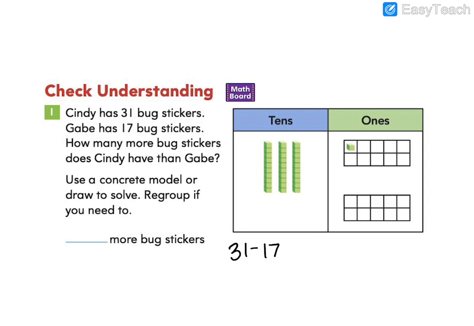You're going to need to regroup because 17 is equal to 1 10 and 7 1s. So you'll regroup your 10 and then subtract.